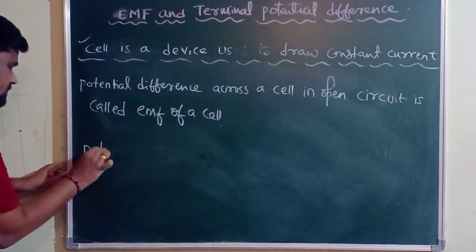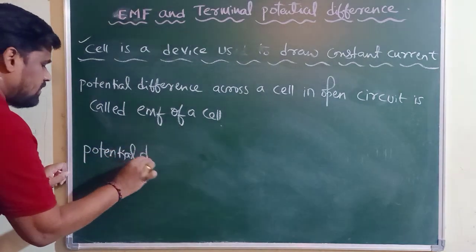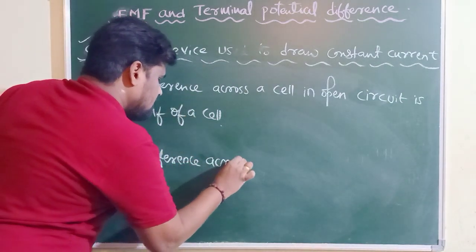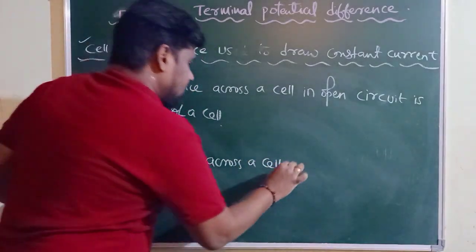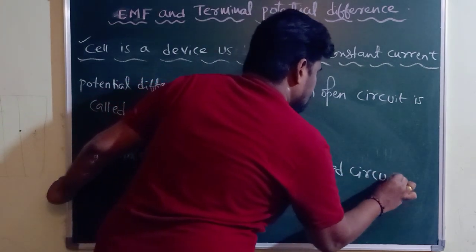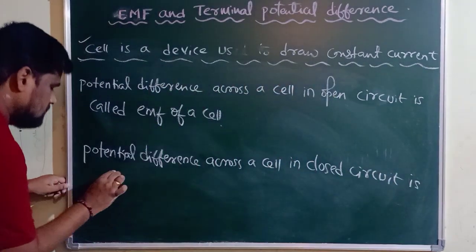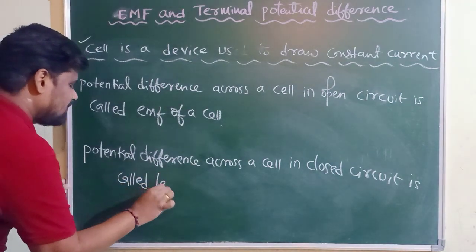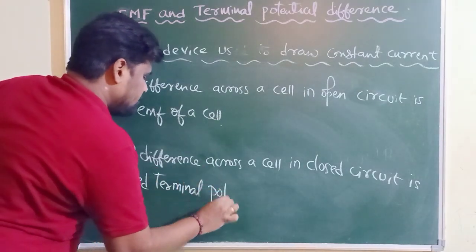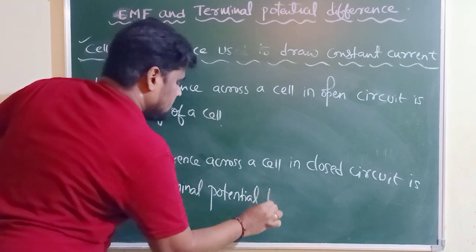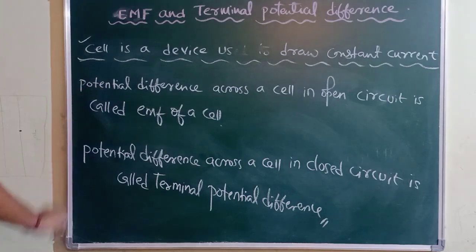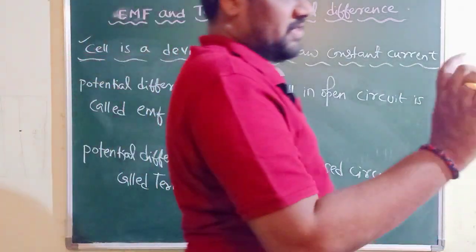Potential difference across a cell in closed circuit is called terminal potential difference. So this is the difference between the EMF of a cell and the potential difference of a cell.